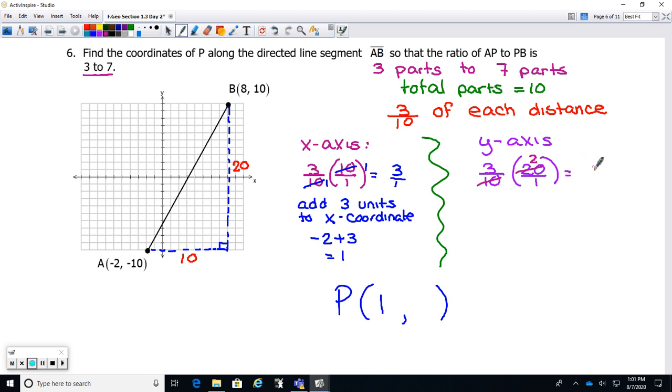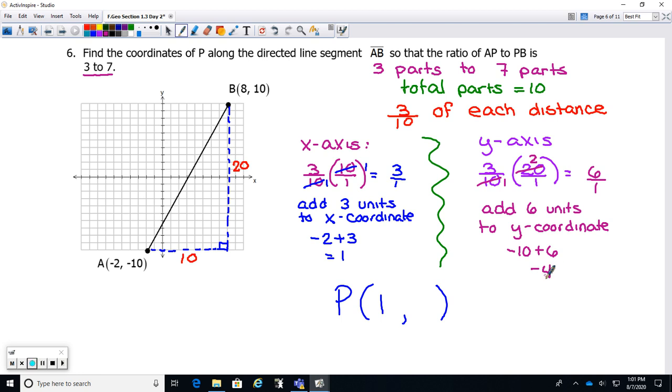Straight across the top, 3 times 2 is 6. 1 times 1 is 1. So I need to add 6 units to the starting point of the y coordinate. And we started way down there in that lower left corner. So we're going to say -10 plus 6 more units will give us -4.